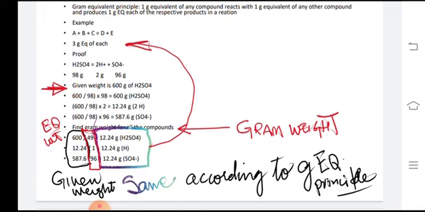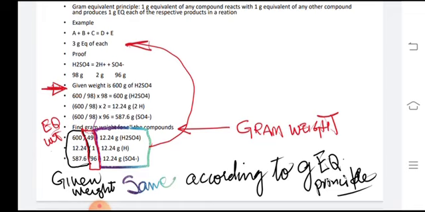What we are getting is 12.24. This is the gram equivalent. Please remember, gram equivalent. Now finding the gram equivalent for hydrogen, we have the given weight 12.24 divided by the equivalent weight 1, which gives us 12.24 gram equivalent.